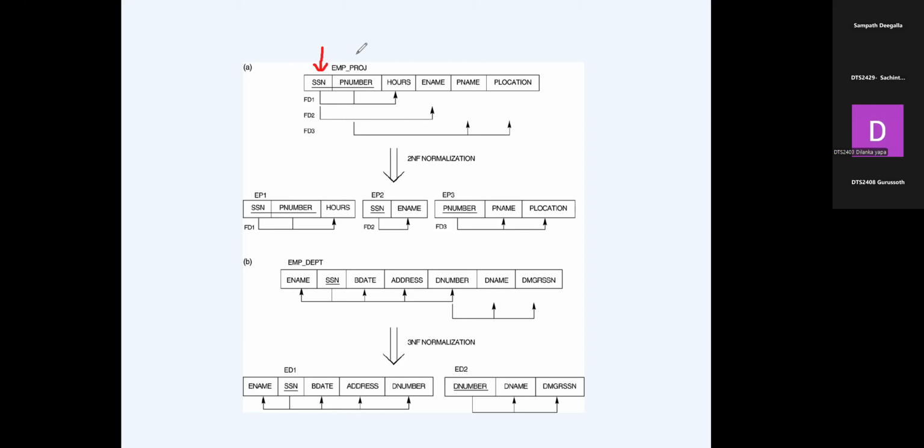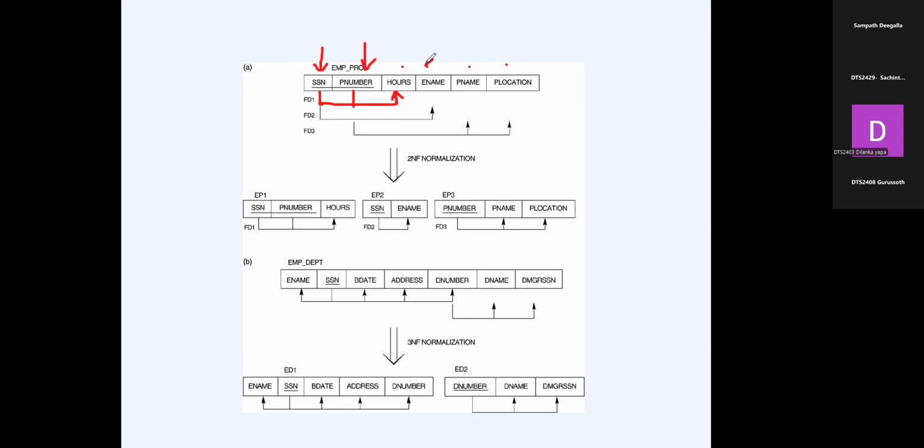Right, these attributes belong to the primary key. These do not belong. So all these attributes should be fully functionally dependent on the primary key. Fully functional means, since you have two attributes, it should functionally depend on both the attributes. In this particular case, we have only one attribute that is fully functionally dependent on the primary key.